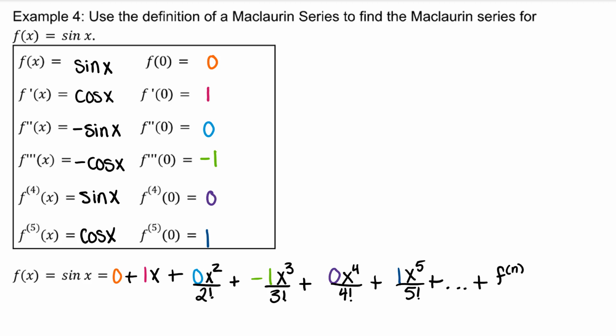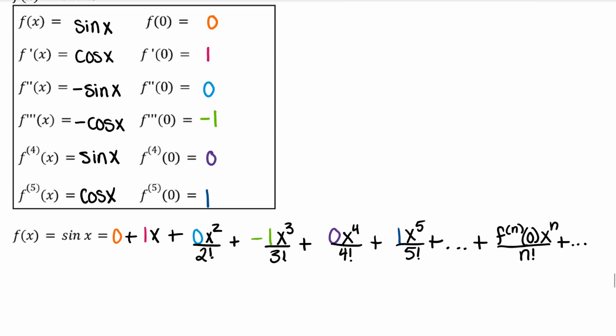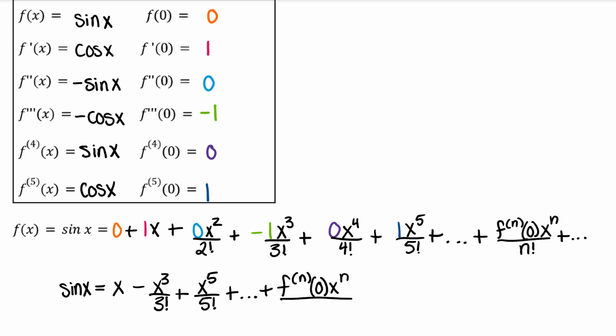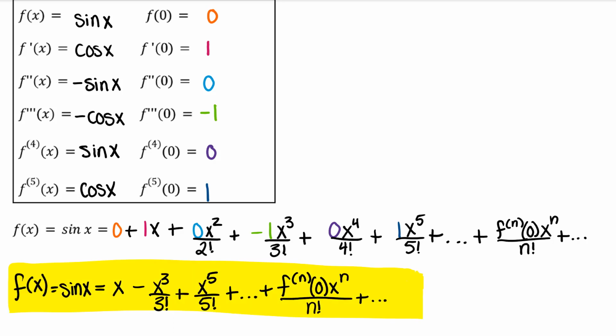Our nth term would be the nth derivative at 0 times x to the n over n factorial. Don't forget your plus dot dot dot. And now simplify that series. And here is the Maclaurin power series for sine x.